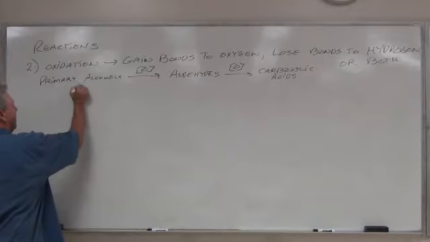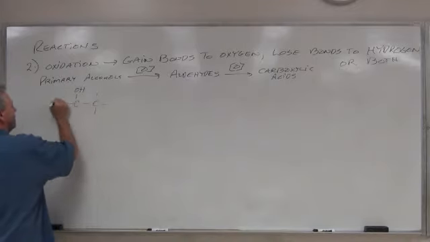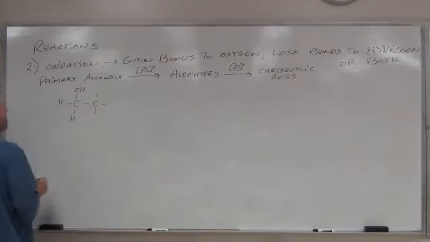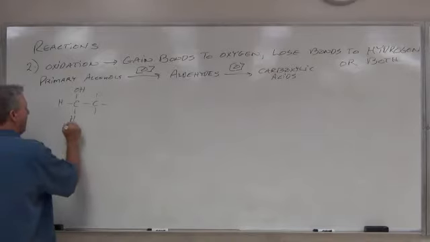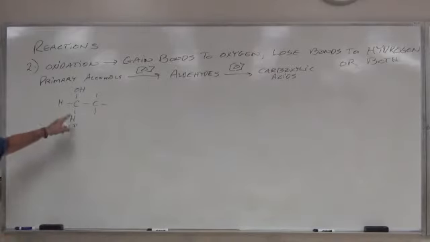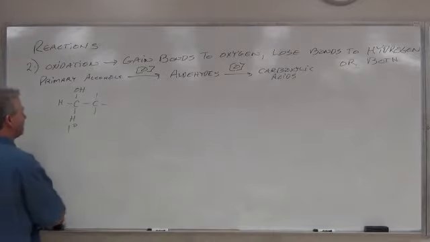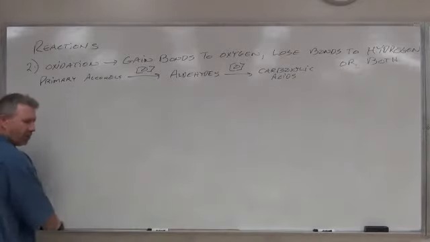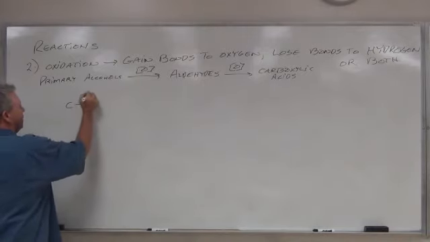Okay? So, let's look at a primary alcohol. This is a primary alcohol. The only requirement for us to have a primary alcohol is that the carbon that contains the OH group is bound to only one other carbon. I'm going to switch this around, just for a little clarity. You can just write the aldehyde the other way in a minute.